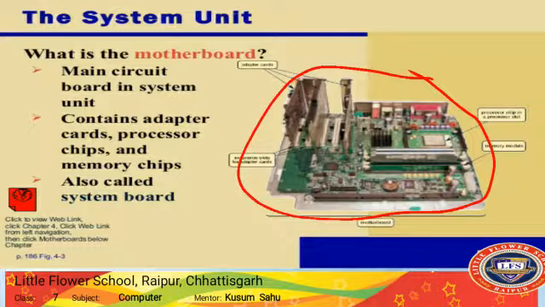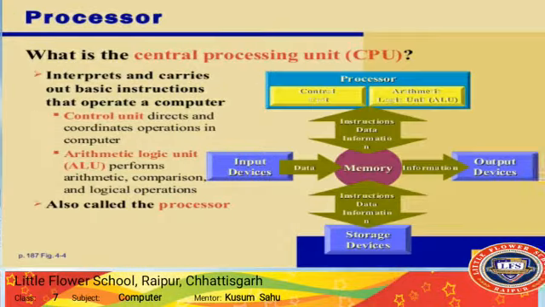Now come to the next, that is the central processing unit or CPU. It is also called the processor because it carries out all the basic instructions that operate a computer.